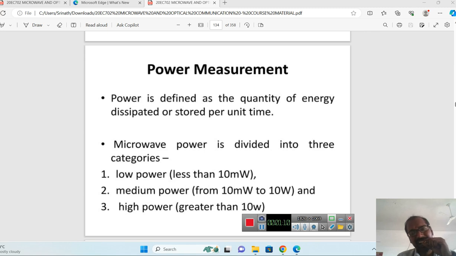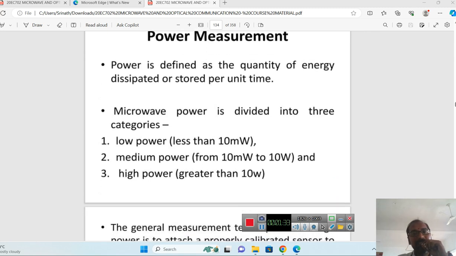But in high frequency ranges, we cannot find the voltage and current levels accurately. It is a very difficult task, so we use some kind of power measurement equipment. From that equipment, we can easily find the power level at high frequency ranges.